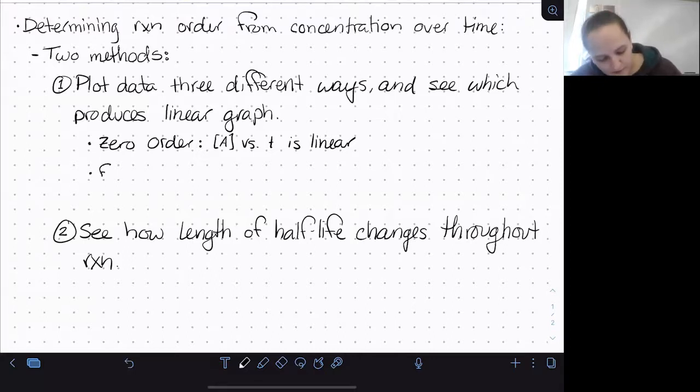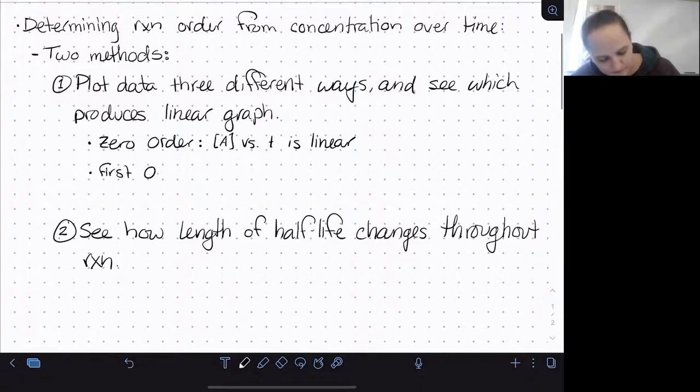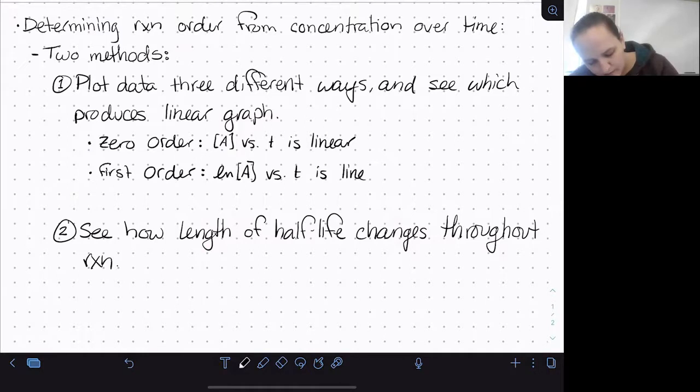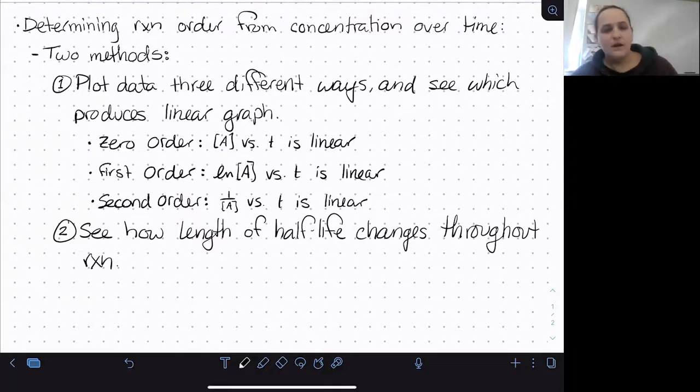For a first order process, it is the natural log of concentration versus time that ends up being linear. And for a second order process, it is the inverse of concentration versus time that ends up being linear.